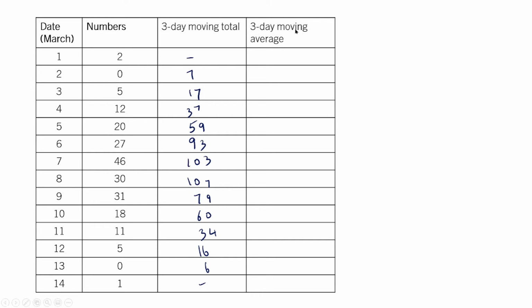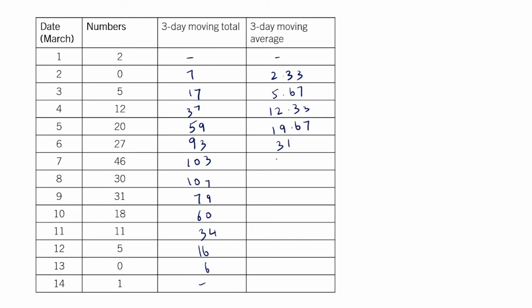Now let us find the 3-day moving average. We divide each of these values by 3. First 7 by 3 is 2.33. Then 17 by 3, 5.67. Then 37 by 3 is 12.33. Then 59 by 3 is 19.67. Then 93 by 3, 31.